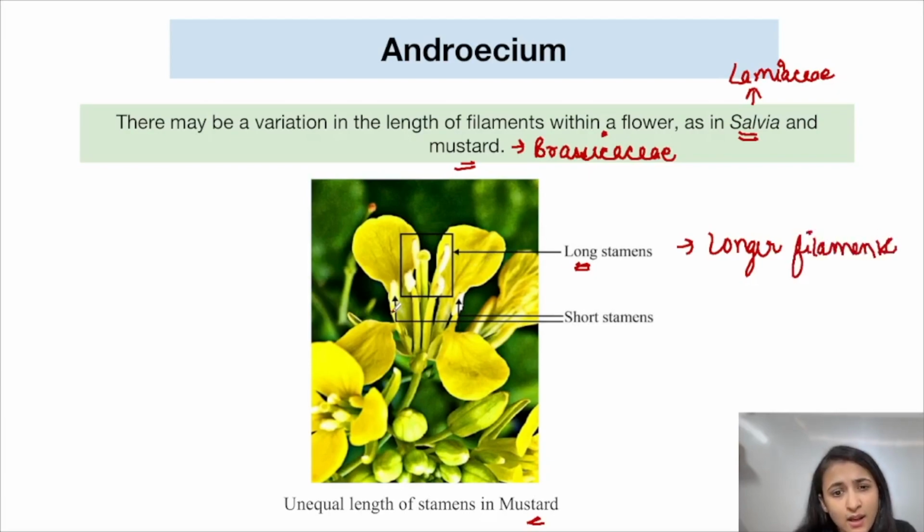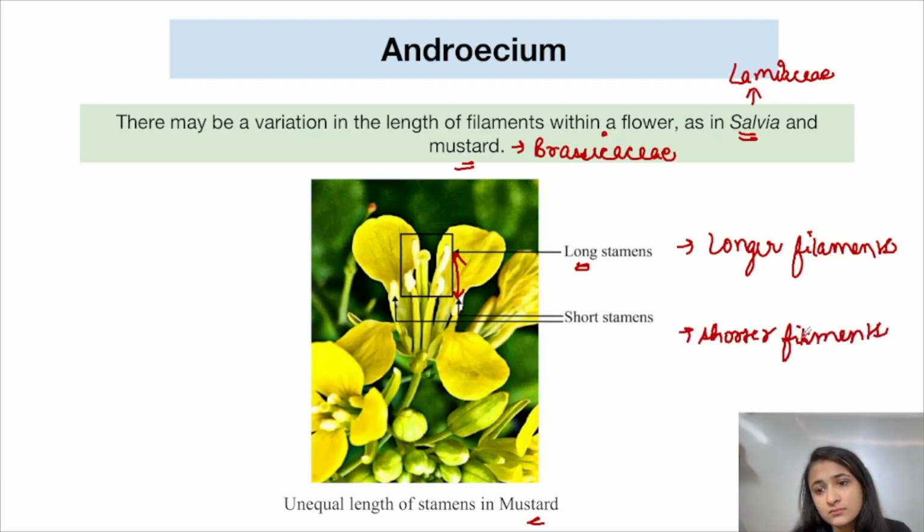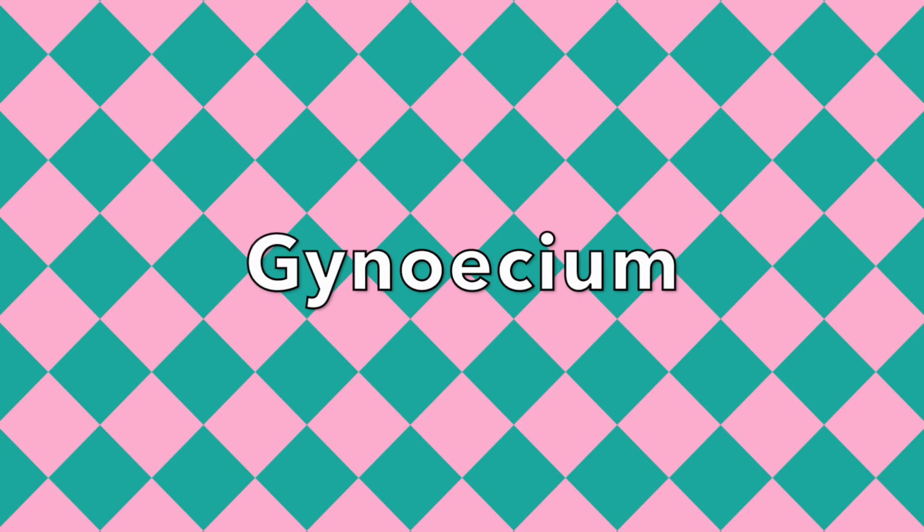And these stamens which are present towards the outside are shorter in length. You can see this much length is shorter, right? So these are the short stamens which have shorter filaments. So this was about variation in the lengths of filaments within a flower.